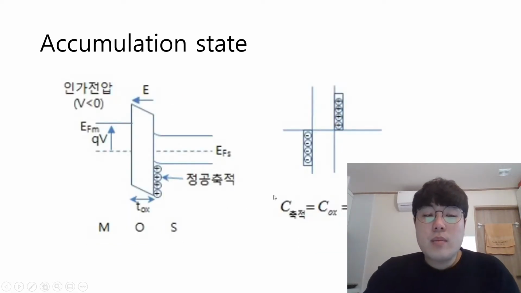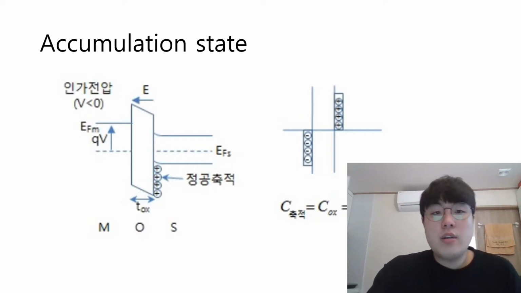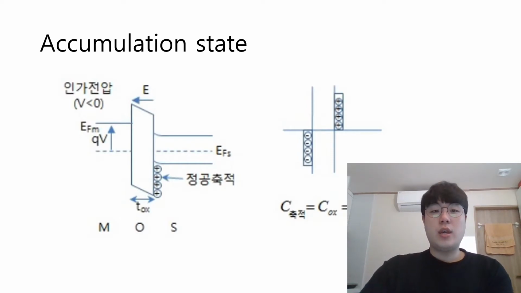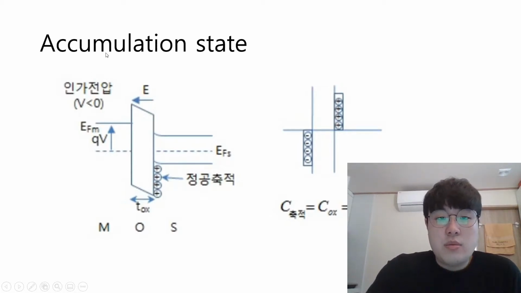And let's talk about how Moscap works. There are three major states, and I will explain the first, the accumulation state. This first figure is about the structure of Moscap.